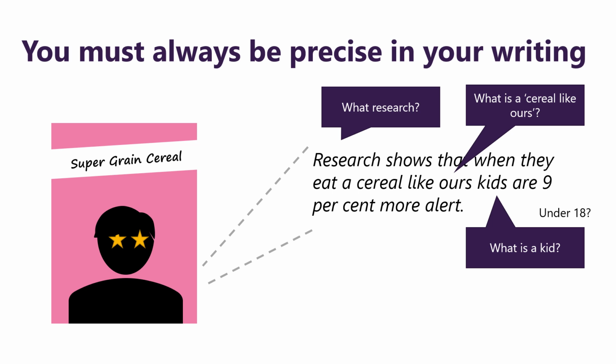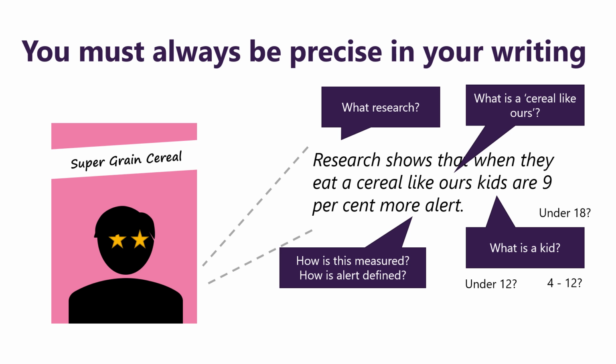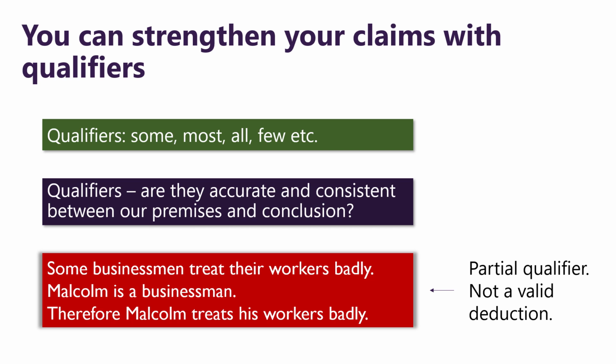Is a kid under 18? Or is it under 12? Or maybe it's ages 4 to 12, so that gap between baby and toddler and teenager. Any word like this definitely needs defining because it can be read very differently by different people. And then finally, it talks about kids being more alert, but how is this measured and how do they define alert?